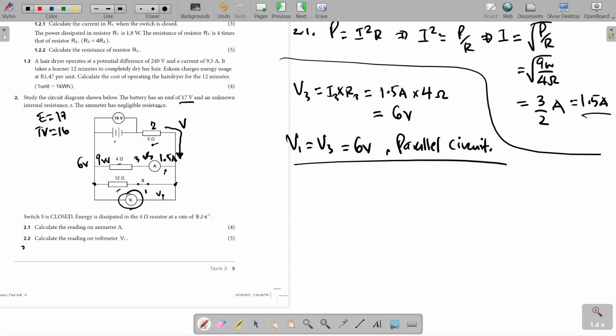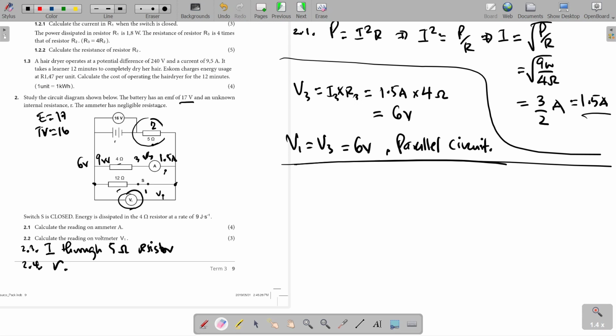From there, the next question, 2.3, is to calculate the current through the 5 ohm resistor, and after that the value of the internal resistance. To find the current through the 5 ohm resistor, we need to understand something, which I'm going to illustrate now.